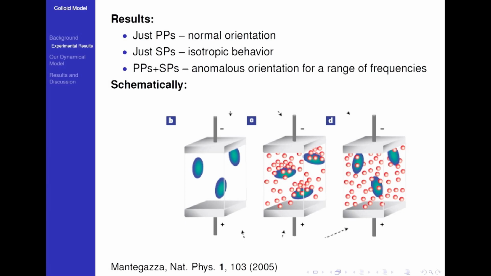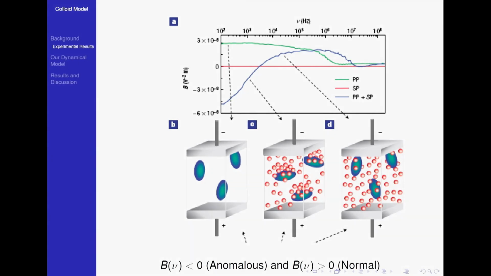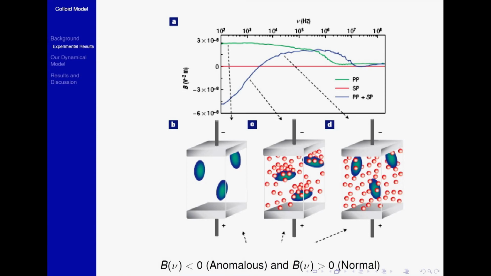So here's the schematic, and this is the picture that I'd like you to keep in your mind as we continue talking about this in terms of the quantitative measure, which is the Kerr coefficient. In terms of the Kerr coefficient, this is what you get when you've got just the primary particle, just the rod.